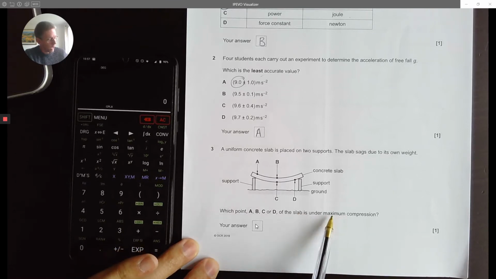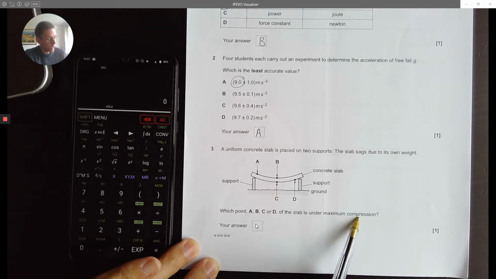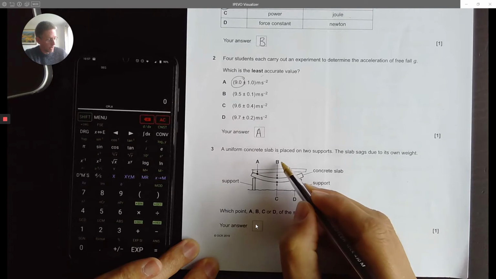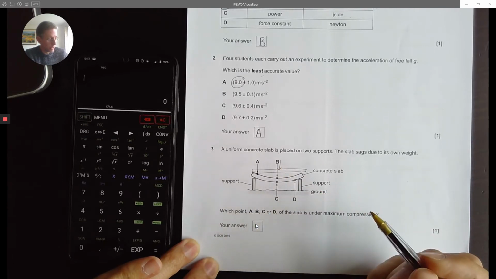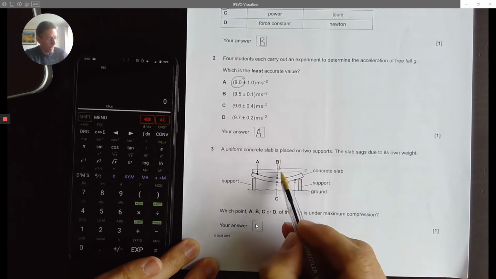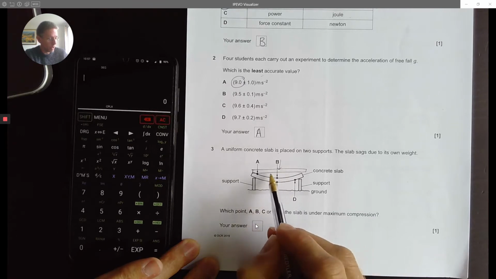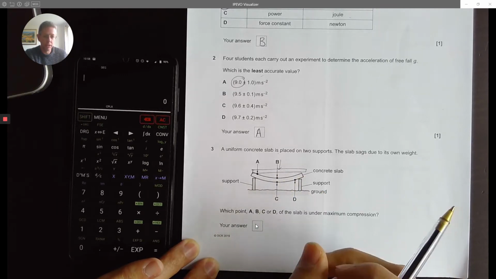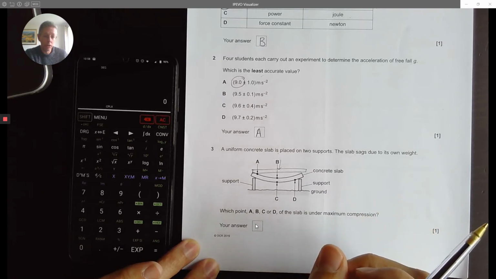Which part of the slab, A, B, C or D, is under maximum compression? So this slab used to be a nice flat shape, and now it's been loaded, perhaps under its own weight or perhaps by putting something on it, and this slab has changed shape, and you can see that the bottom side here has got lots and lots longer, and so this area, C and D, are under extension, and so they're not under compression.